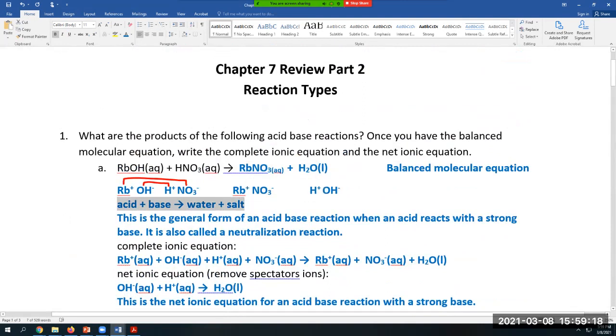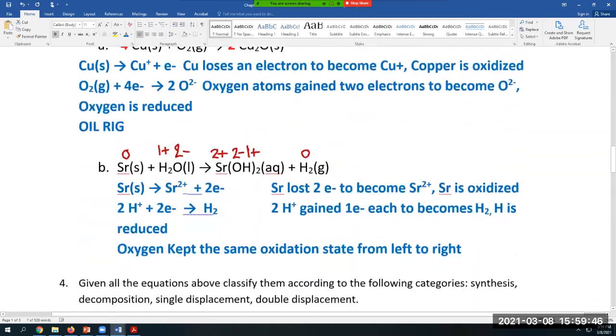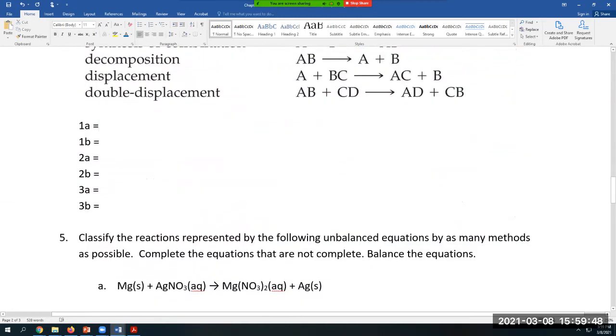And you can see that to find the product, we did some double replacement here. We did exchange of ions, right? Rubidium took the negative ion from the other compound, and then the H plus combined with the OH minus. So we have an exchange of partners here, and this is typical behavior for double displacement reactions. So we can write here a double displacement for 1A.